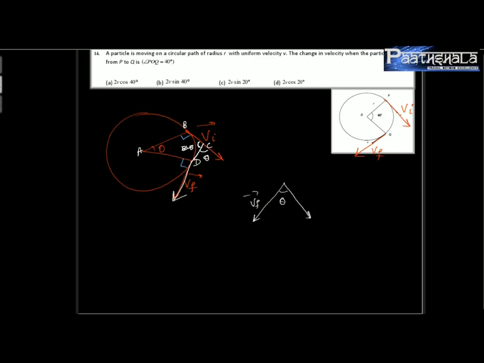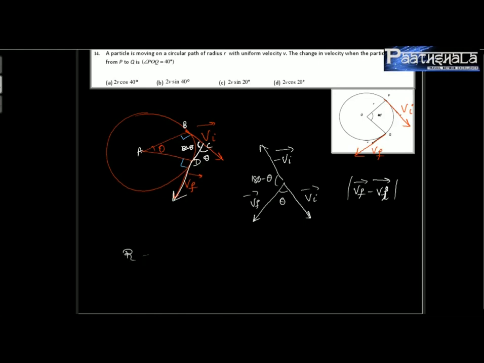So the angle between Vf and minus of Vi, that is what we require. Minus of Vi is what we require to find Vf minus Vi vector's magnitude. So this angle is 180 minus theta.